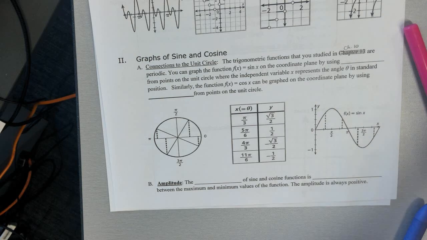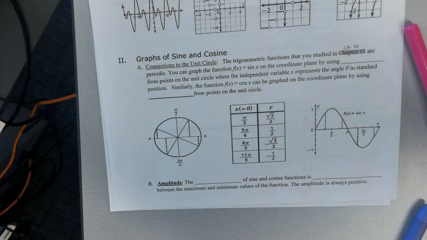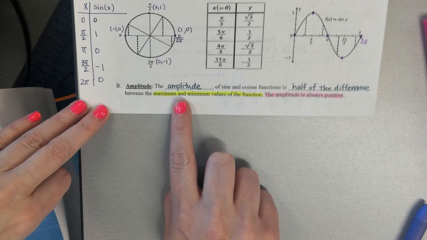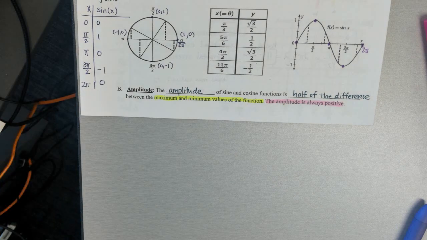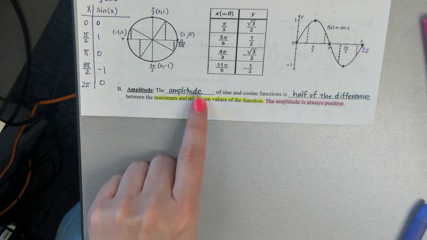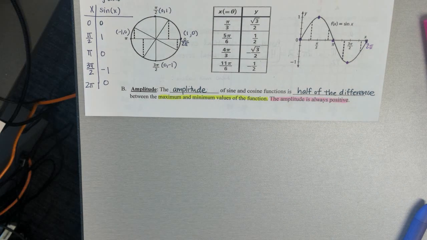We write right here that the amplitude of sine and cosine functions is half the difference between the minimum and the maximum values.